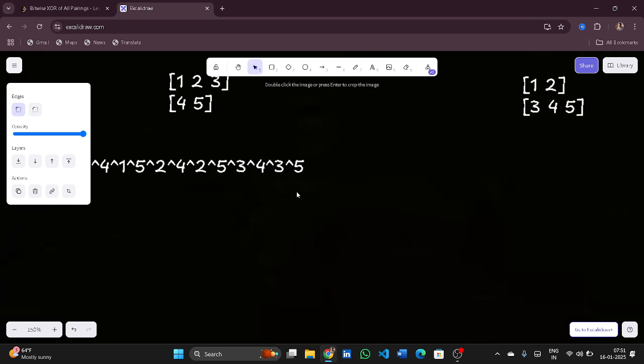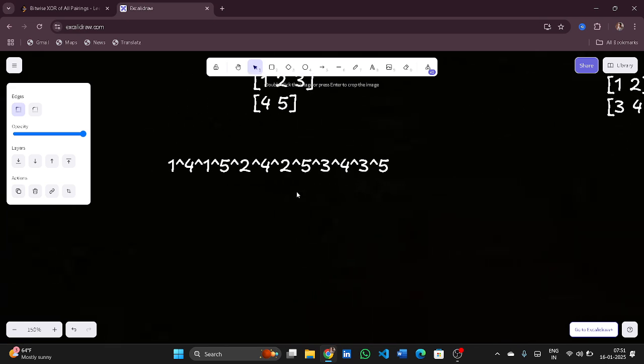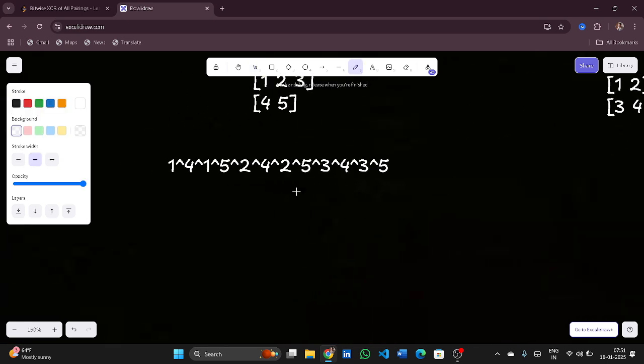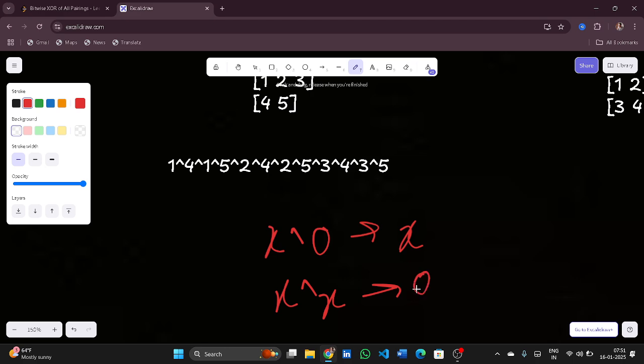So if you see clearly, let me write one intuition here. x XOR 0 will give you x and x XOR x will give you 0. This is the property of the XOR operation.